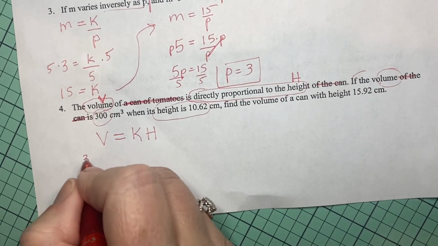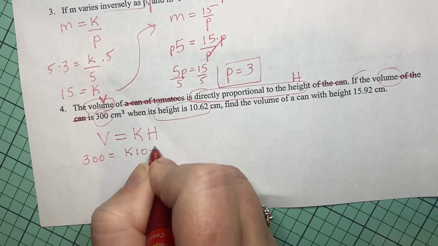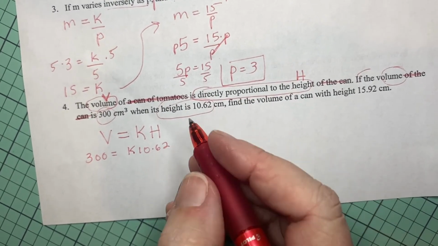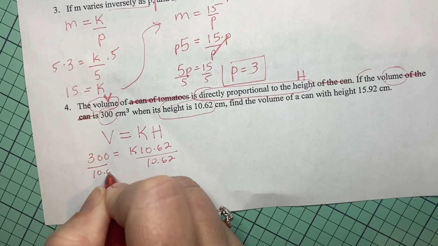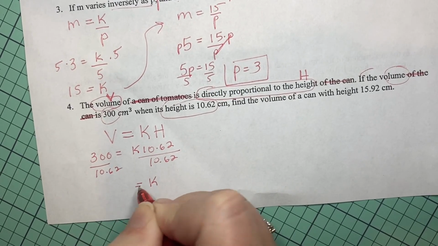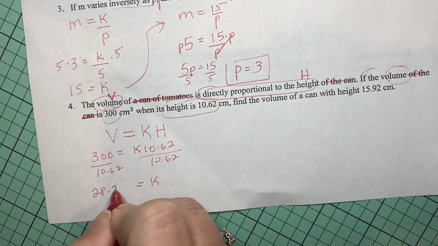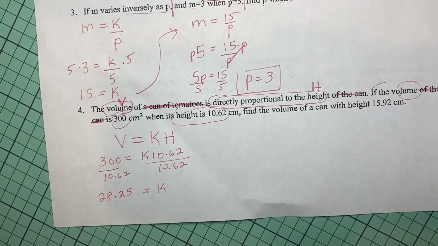So volume is 300 equals K, and the height is 10.62. So we plug those in. To solve for K, we divide by 10.62. And so K would equal, I'm not this smart, I just went ahead and did it on the calculator, K would equal 28.25. So again, you can use your calculator on these if you need to.